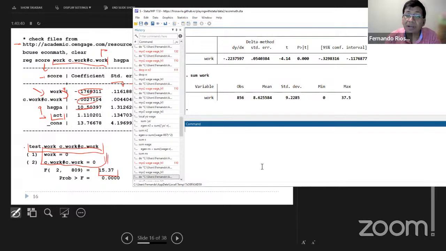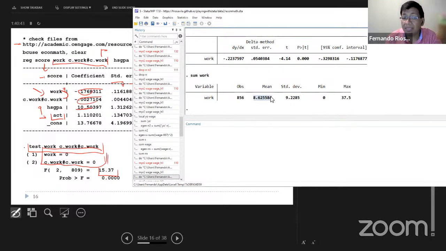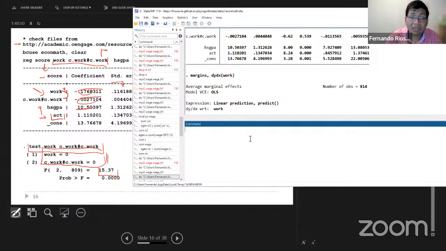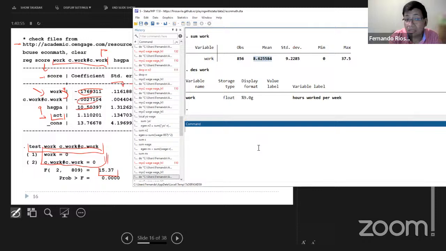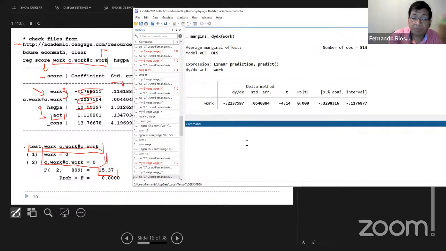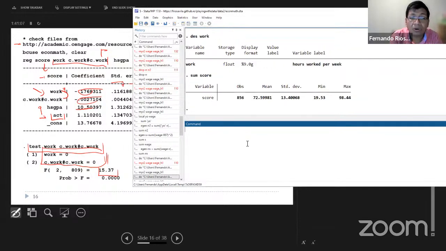Yeah, so for each additional hour of work, and keep in mind that according to this, the average number of hours people work is 8 hours per week. An additional hour of work declines the score by 0.20, and the average score was 72.